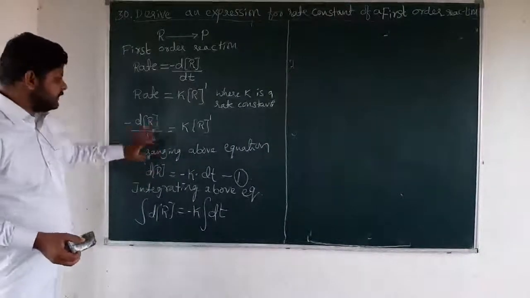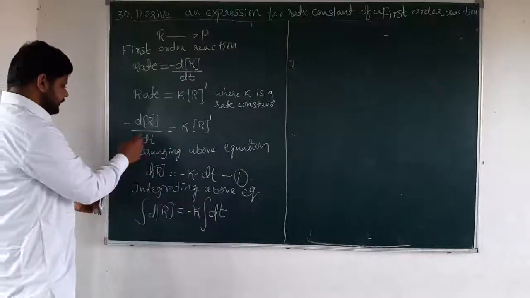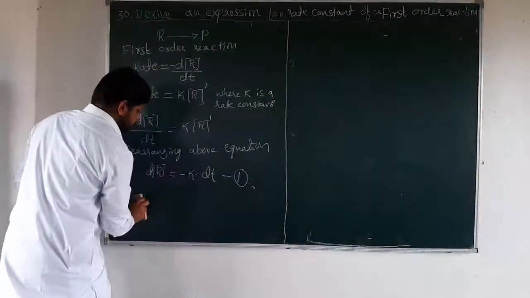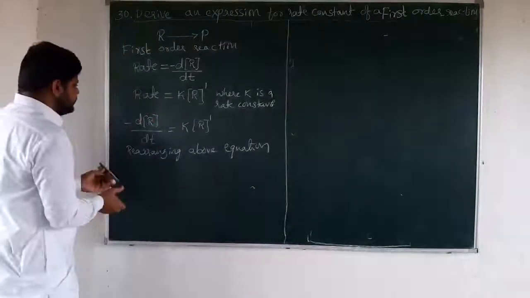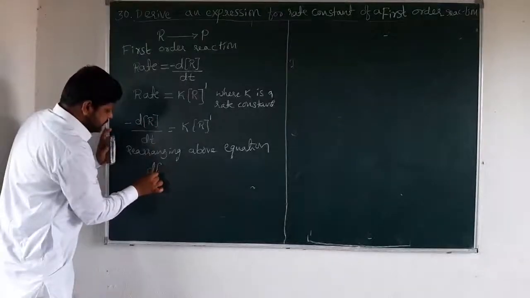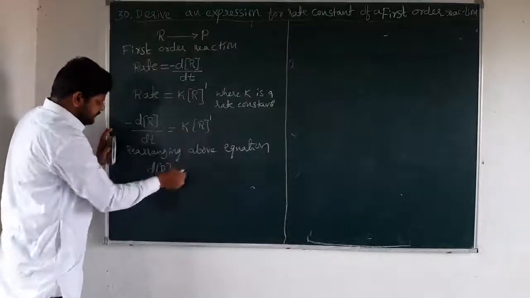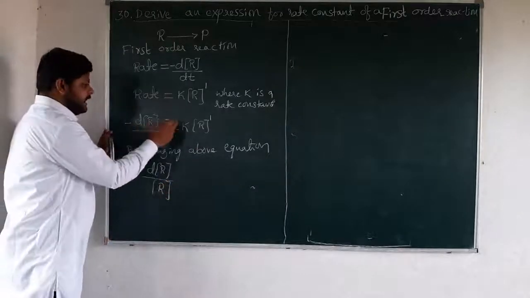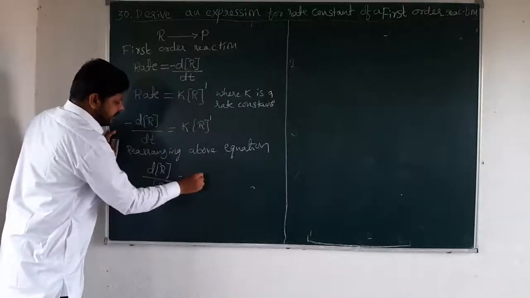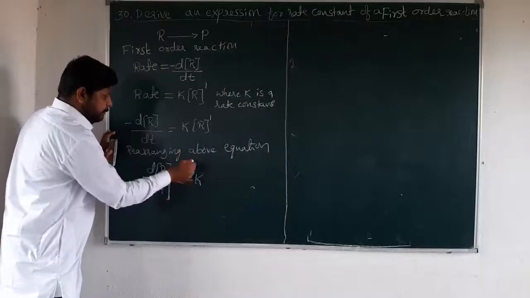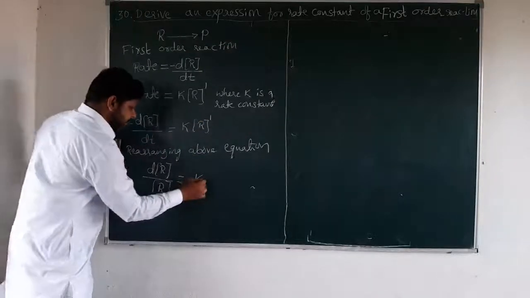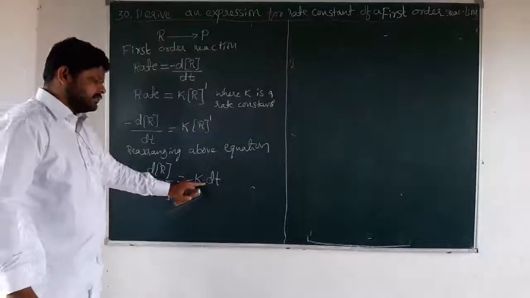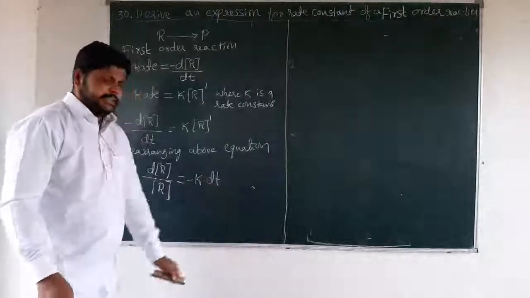Now rearranging the above equation, dR, shift this R here, similar terms on one side: dR by R equals minus K, shift this dt here. So dR by R equals minus K into dt.